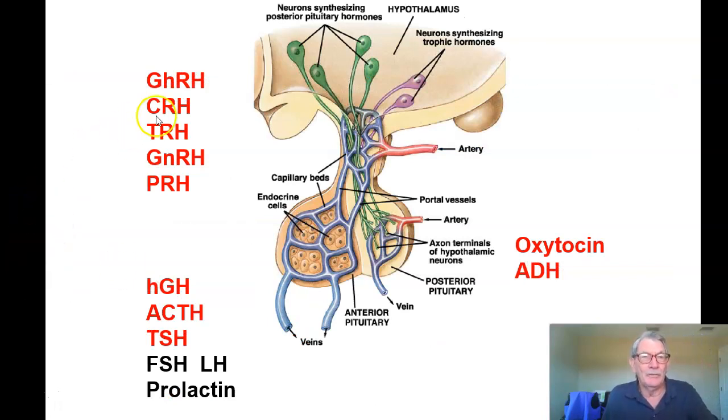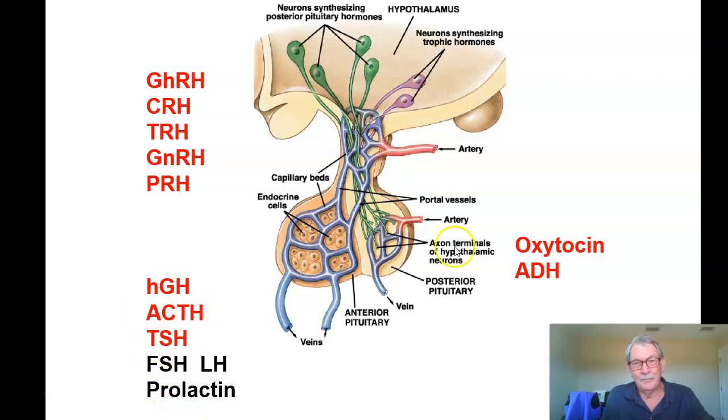So here they are. Growth hormone releasing hormone, corticotropin releasing hormone, thyrotropin releasing hormone, gonadotropin releasing hormone, prolactin releasing hormone. These hormones come from the hypothalamus and they cause you to release human growth hormone, adrenocorticotropic hormone, thyroid stimulating hormone, your two gonadotropins, FSH, follicle stimulating hormone and luteinizing hormone, and milk producing hormone, prolactin.